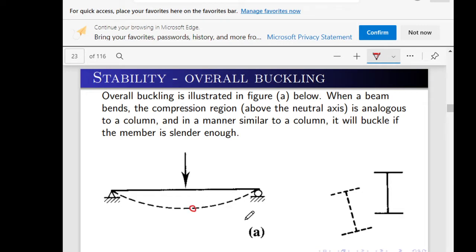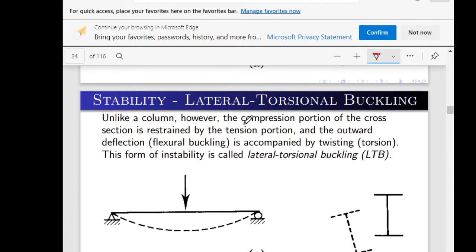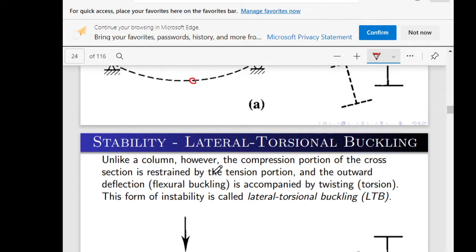Unlike a column, however, the compression portion of the cross section is restrained by the tension portion, and the outward deflection, flexural buckling, is accompanied by twisting, torsion.